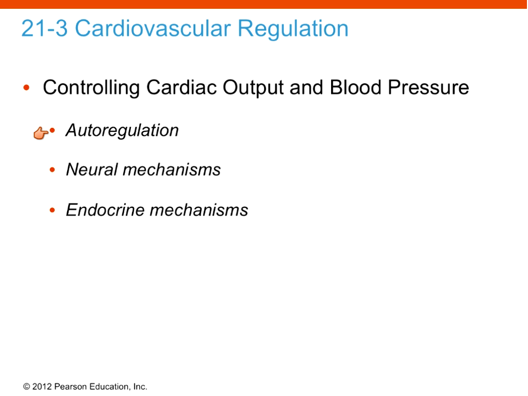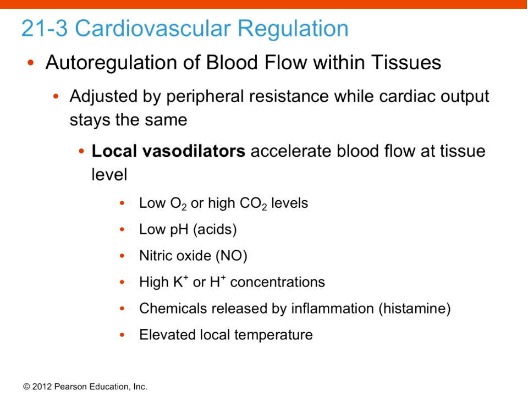Autoregulation is a part of your nervous system that does this kind of thing on its own. We do have neural mechanisms that come straight from the brain and the spinal cord, and then there are even hormones responsible for regulating this. All of the things that we talked about in the heart chapter come back around in that they also have a role in cardiovascular regulation.